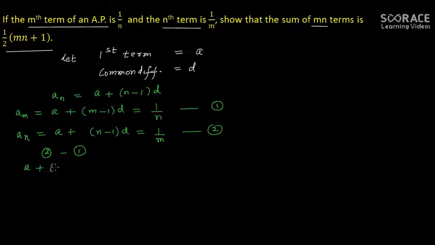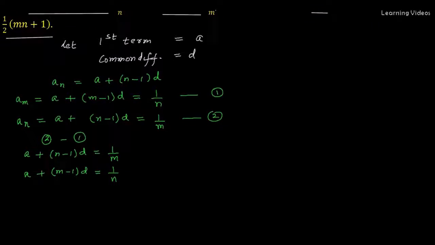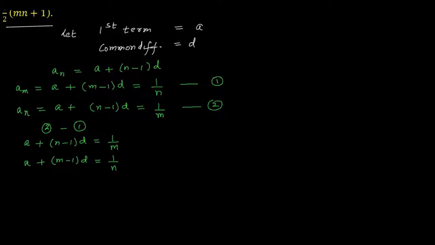A plus n minus 1 times d is equal to 1 on m, and a plus m minus 1 times d is equal to 1 on n. On subtracting, we know we have to change the signs of the expression which is being subtracted. So, let's make it minus, minus and minus.